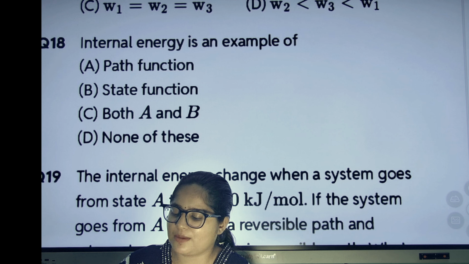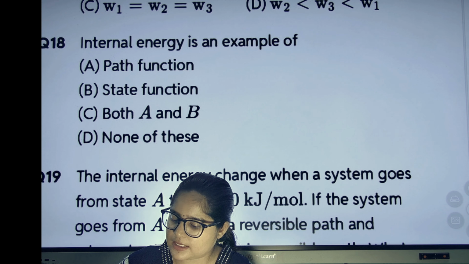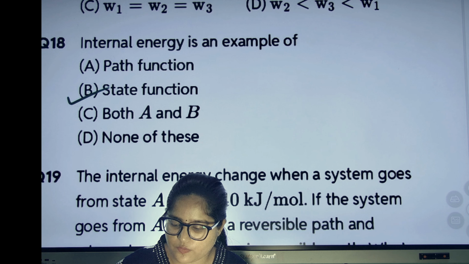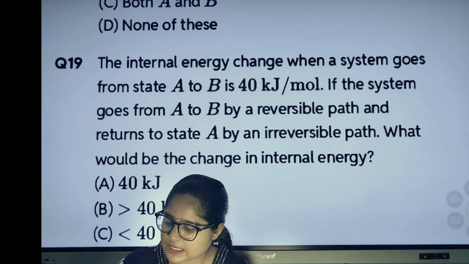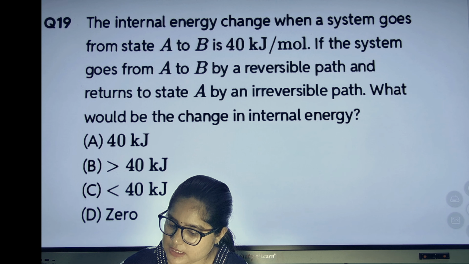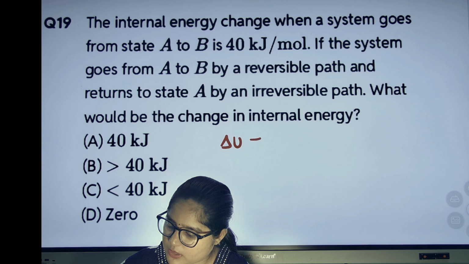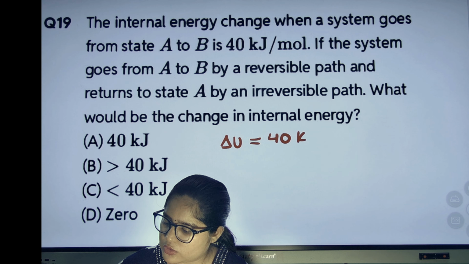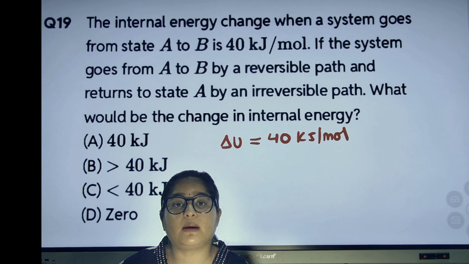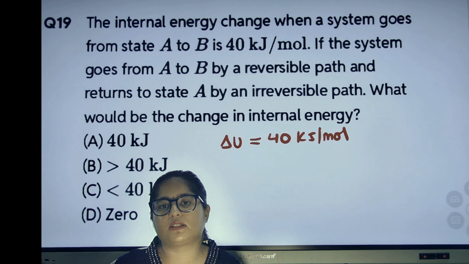Just now again the same question. Internal energy is an example of a state function. Clear? Next, the internal energy change when a system goes from state A to B. So internal energy change means they are talking about delta U. Delta U, how much have they given? 40 kilojoule per mole. In the thermodynamics chapter, units are very important. You will make mistakes in the units.